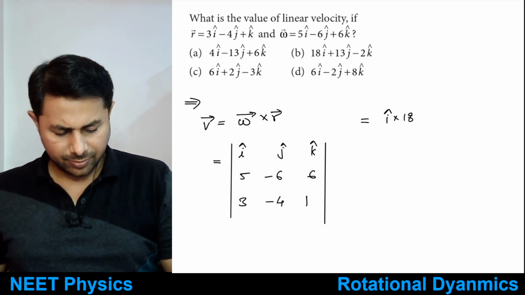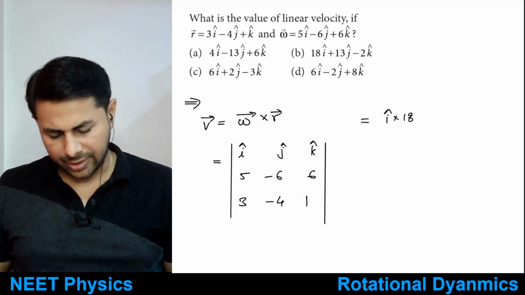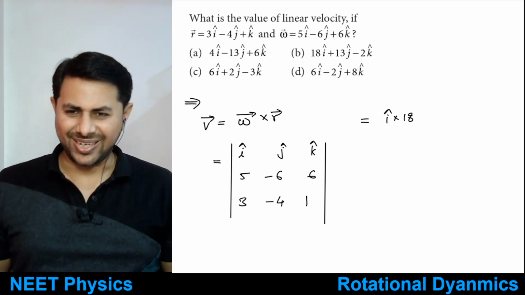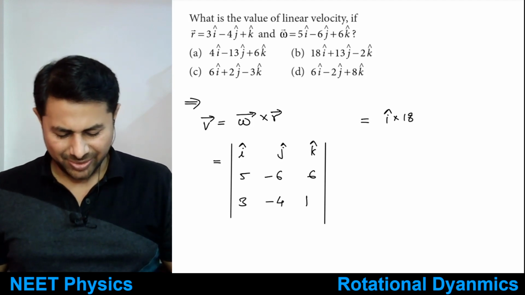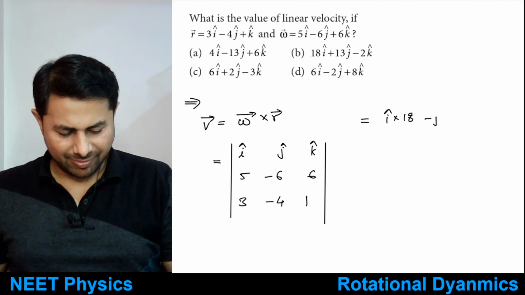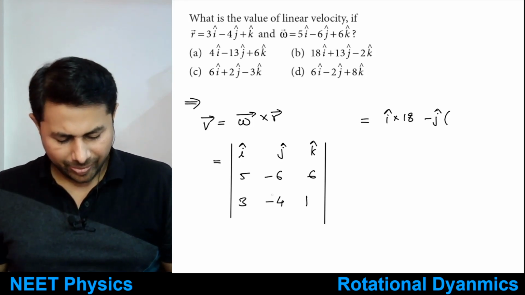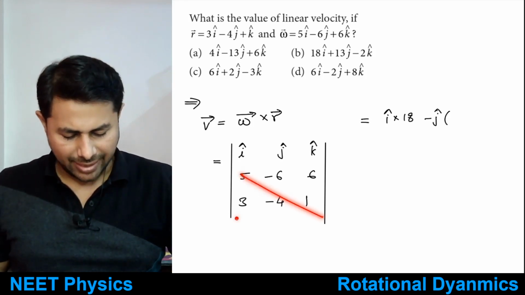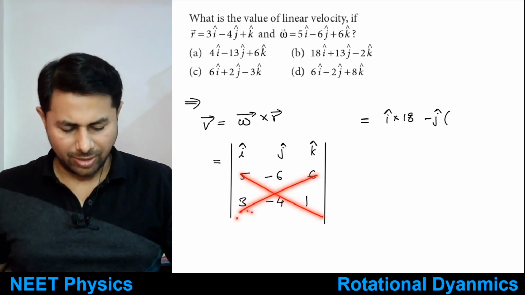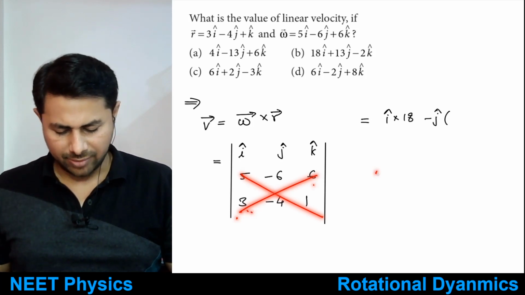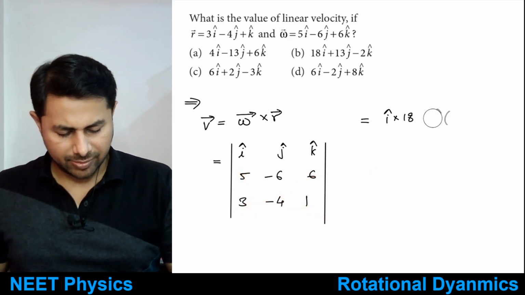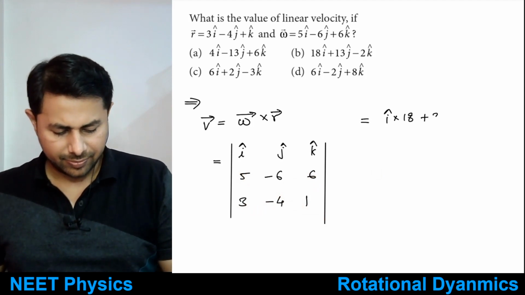That means I don't need to check any other option, it's option B. But let's find it out. Then minus j cap multiplied by 5 times 1 minus 6 times 3. So 5 minus 18 is minus 13, and minus minus becomes plus, so plus 13.